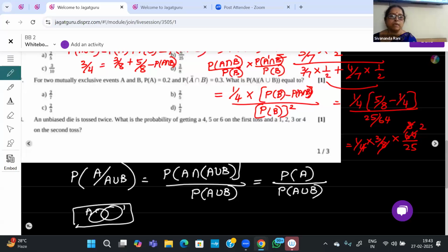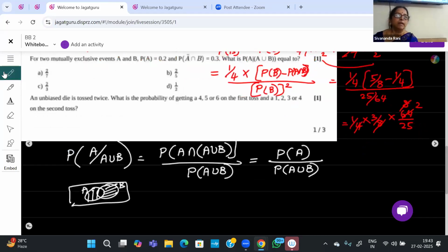Who remembers? Actually, P of A bar intersection B is nothing but P of B minus P of A intersection B, right? And P of A is 0.2. But if you add these two, what will you get?